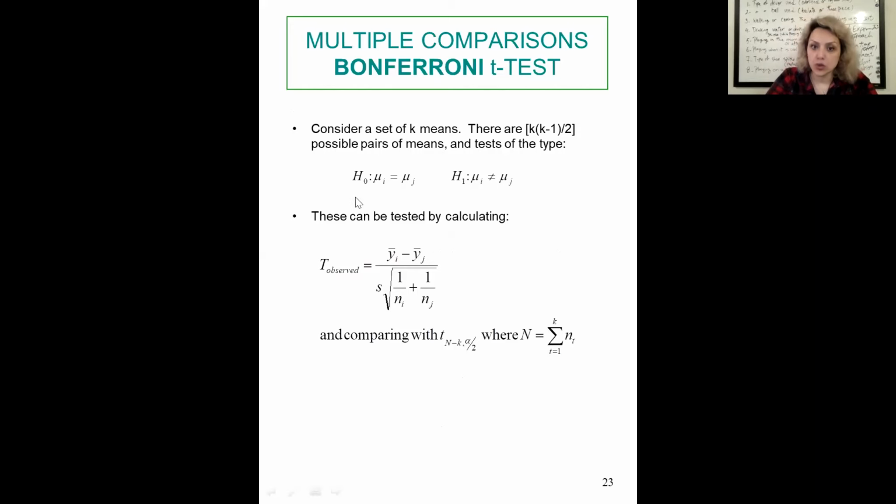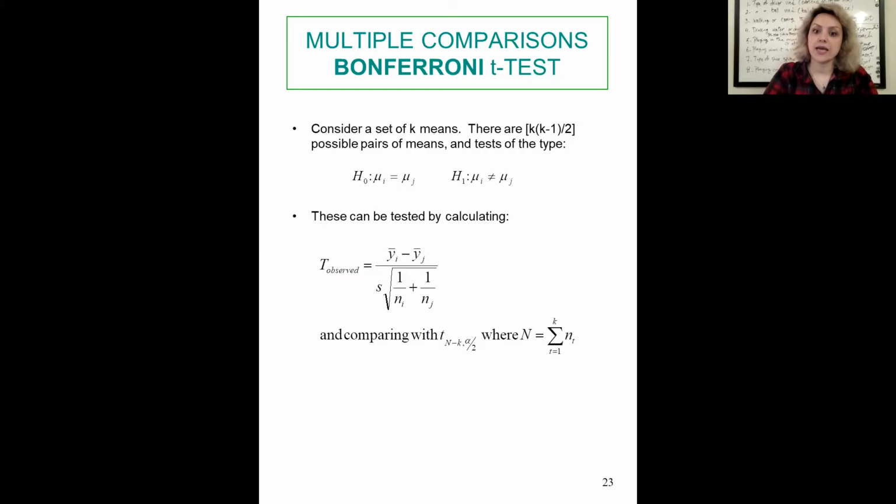We would say H null: mu i equals mu j, and the alternative hypothesis is that mu i and mu j are not equal. These can be tested by calculating a t-test. t observed is the difference between their means divided by s times the square root of 1 over n i plus 1 over n j, and comparing with the t from the table.